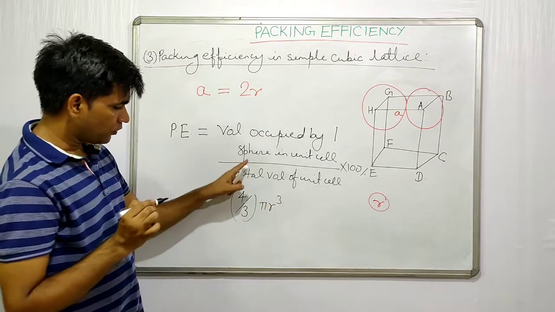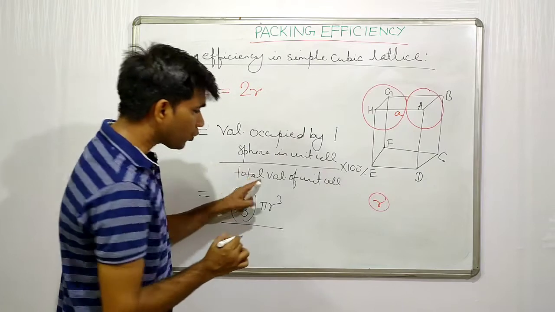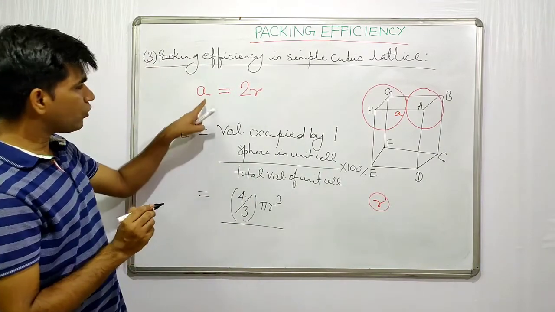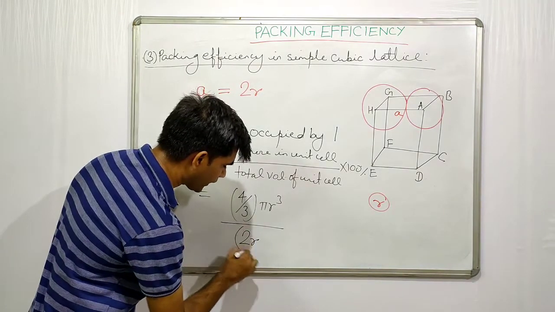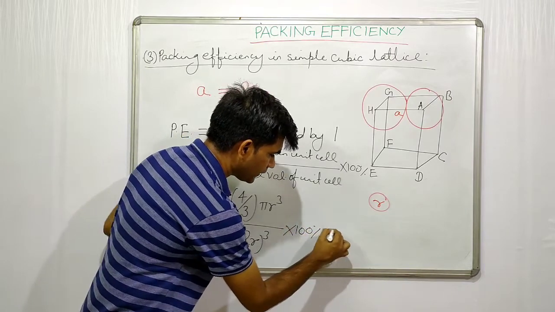The total volume of the unit cell is equal to A cube, and the value of A is equal to 2R. So it is equal to (2R) cube into 100%.